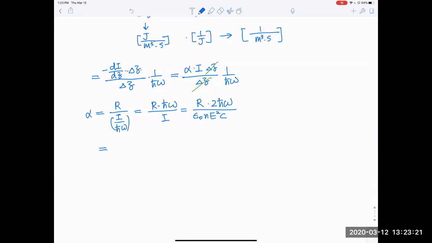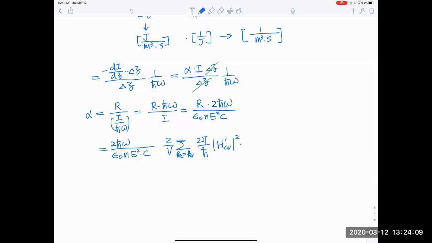So we basically have 2 h bar omega over epsilon 0 n e square c, okay, times the expression for R, that will be 2 over V, sum over k with Kc equal to Kv, and 2 pi over h bar, h c v prime square, energy conservation delta of E minus EH minus h bar omega, times FV minus FC. Okay.